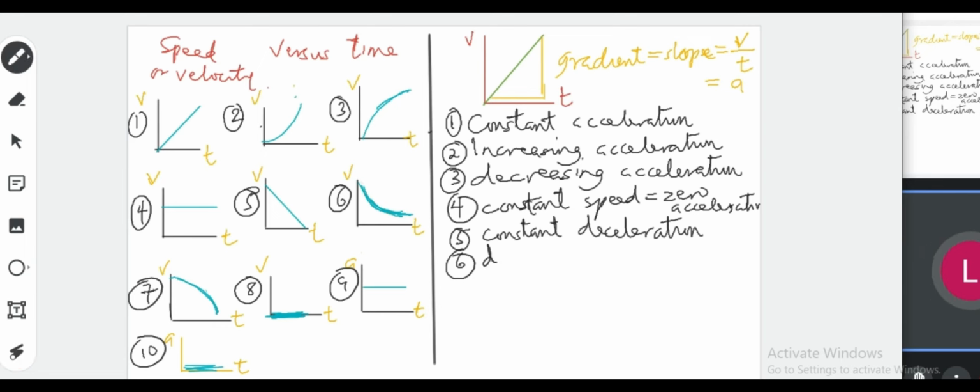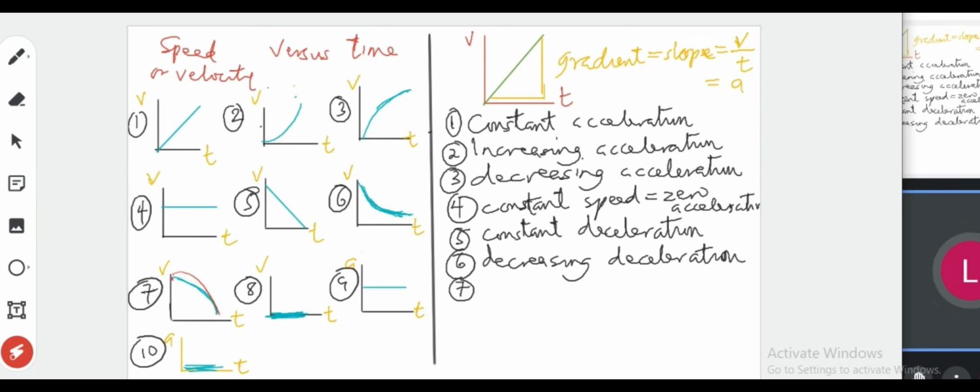So this is a decreasing deceleration. Number 7 looks like an increasing deceleration, because it's getting more steep as we are moving down, and it's still a deceleration. So it's an increasing deceleration.